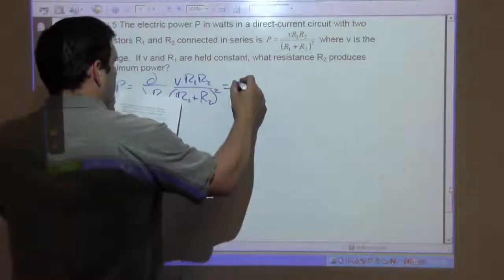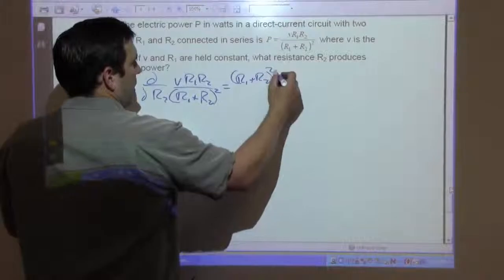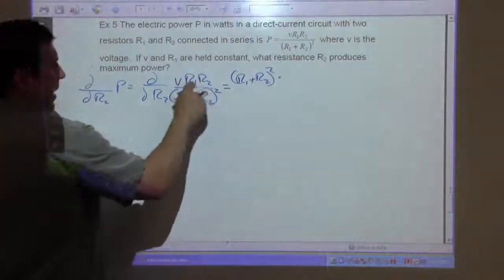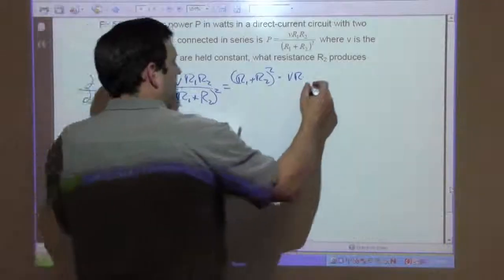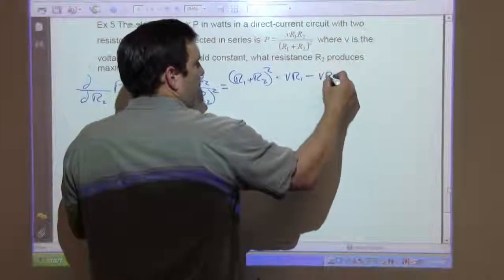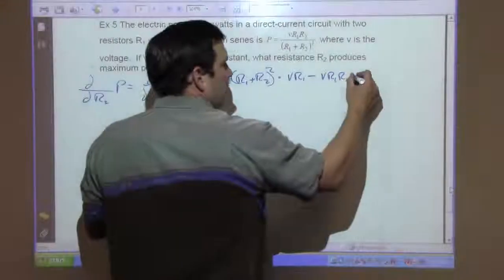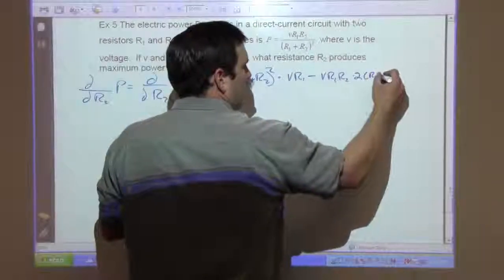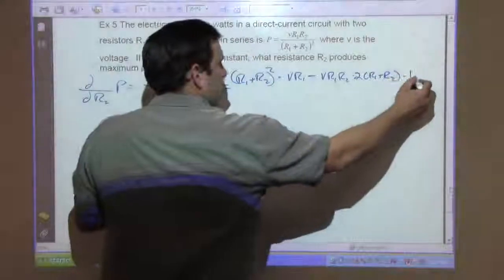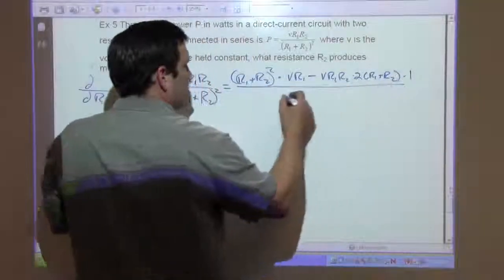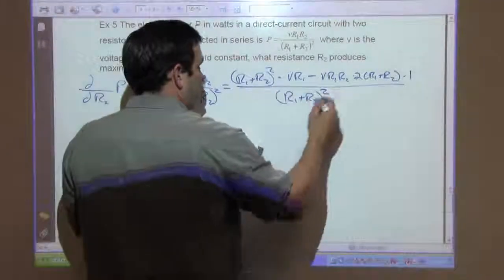Low, which is R1 plus R2 squared, times D high, this derivative is just going to be V R1, minus high, V R1 R2, D low would be this derivative, so it would be times 2 times R1 plus R2 times 1, all over the square of what's below, R1 plus R2 squared.